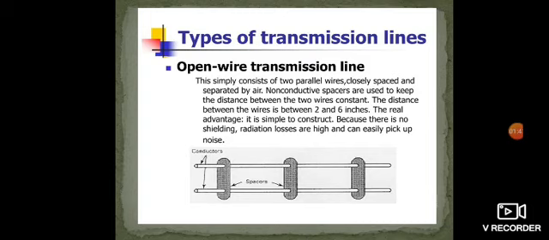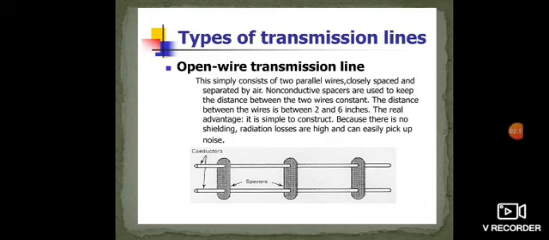Under the guided media we have twisted pair cable, coaxial cable and fiber optic cable, and the unguided is nothing but wireless, that means we do communication through air. So basically it is divided into two parts, guided and unguided medium.